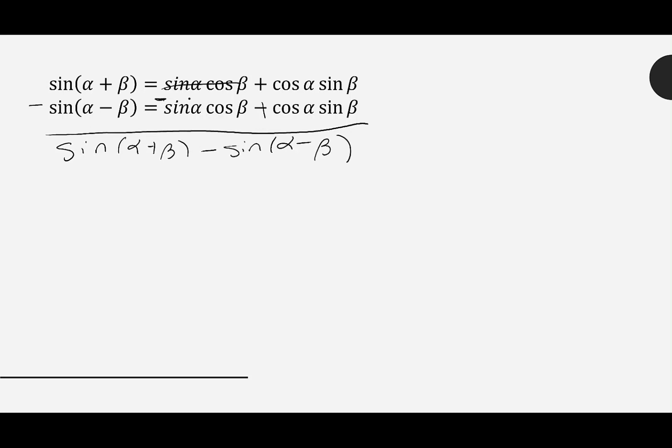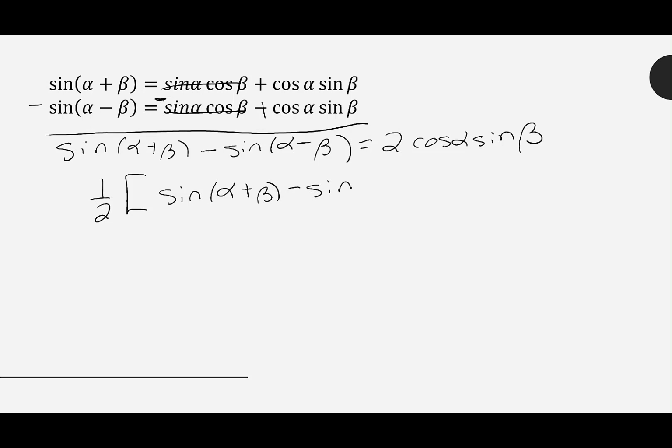I can cancel the sine alpha cosine betas, and I have 2 cosine alpha sine beta. We're going to multiply both sides by a half. So I have a half of sine alpha plus beta minus sine alpha minus beta equals cosine alpha sine beta.